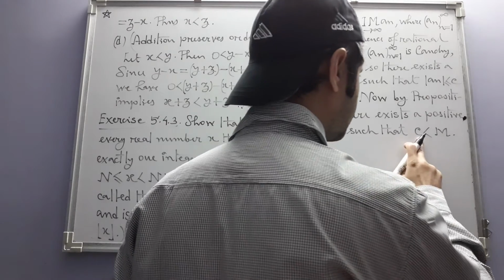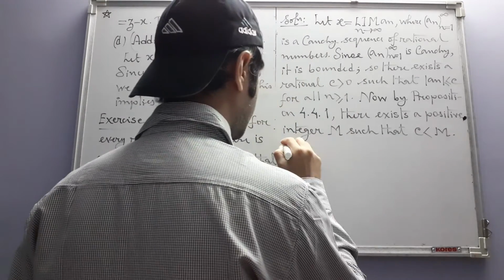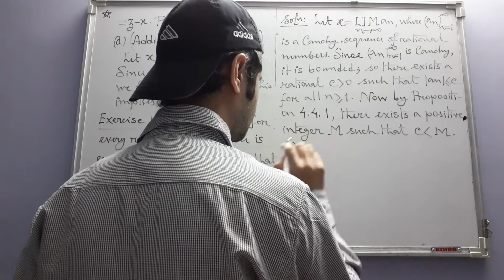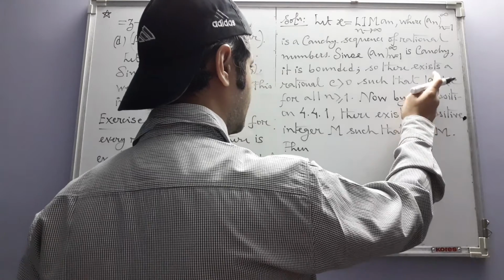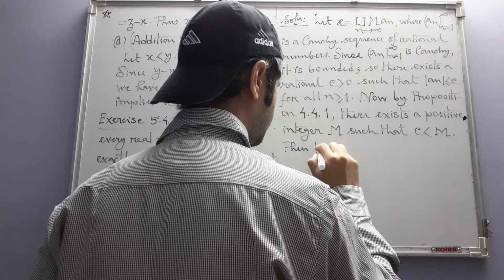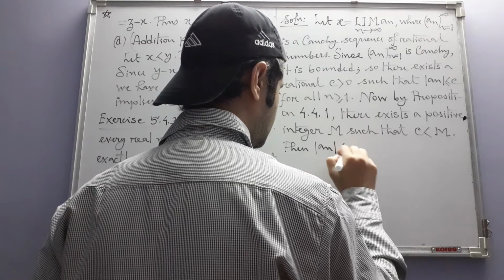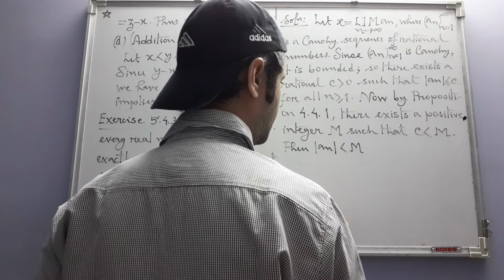So on this rational number c we can apply one part of it. Now c is less than m and the absolute value of an is less than or equal to c, so this is less than m.